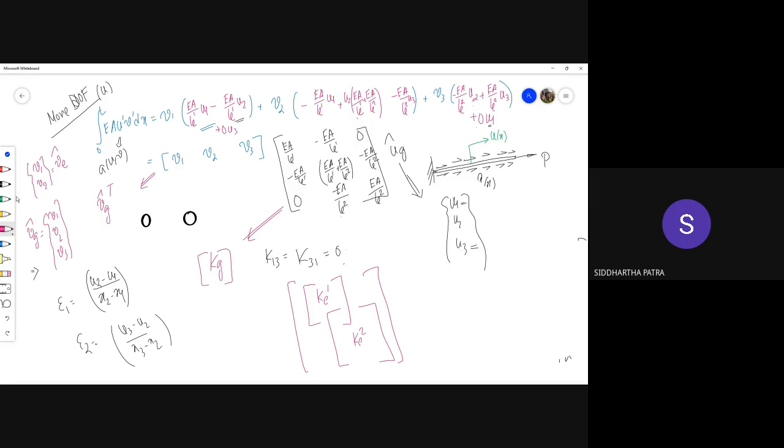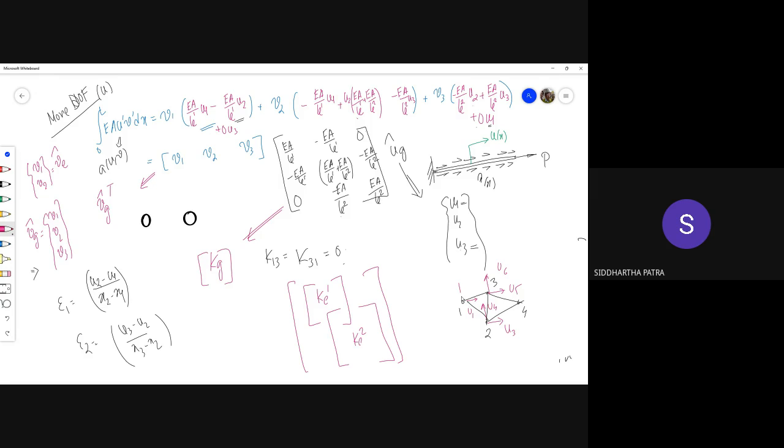Now, this is something you would not encounter in 1D, but in 2D, for example, if I have a triangular element 1, 2, 3, then I would have another element 2, 3, 4. And this time, for each node, you will have 2 degrees of freedom. So there is, let's say, U3 and U4, U5 and U6.